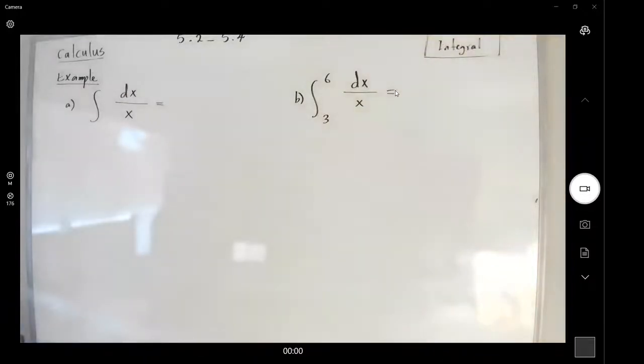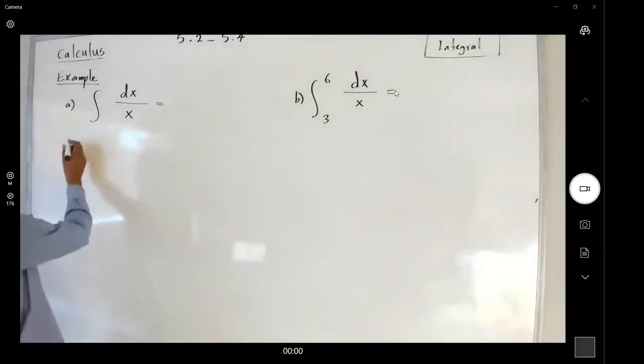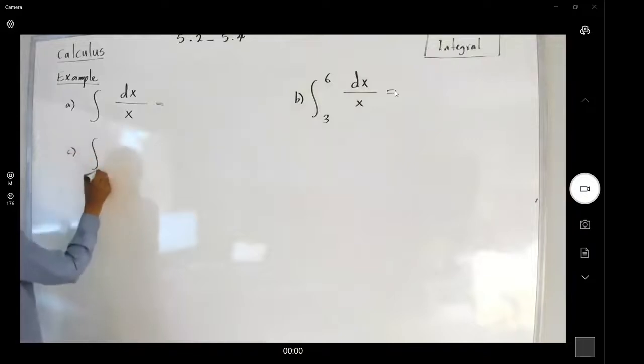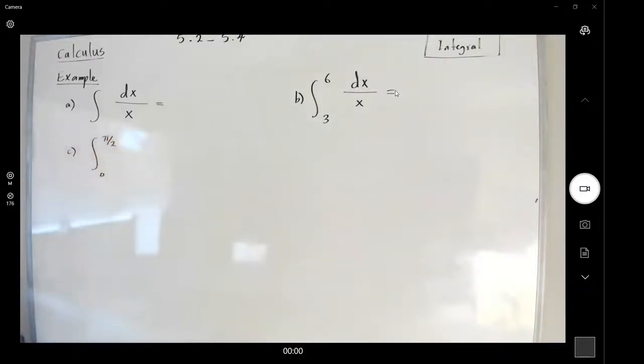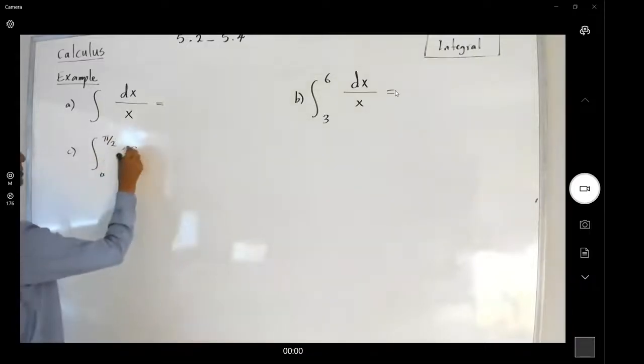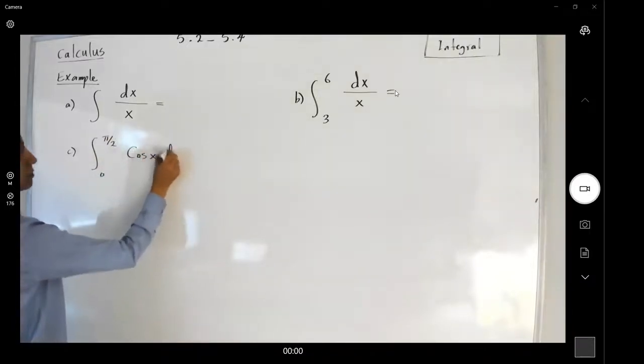Next one. What is the integral from 0 to pi over 2 of cosine x dx.